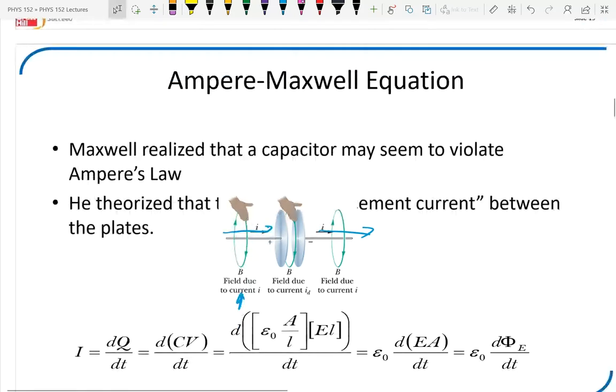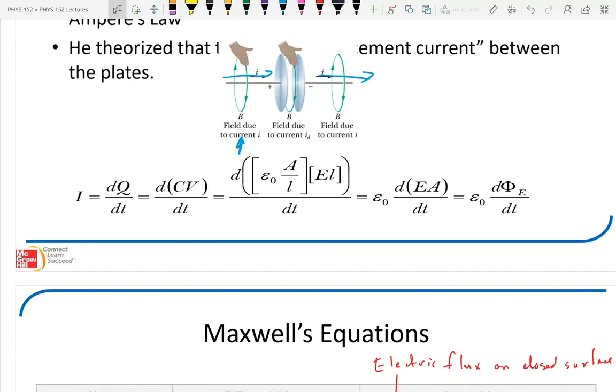And so he went ahead and calculated an equivalent current for a charging capacitor. Now this is a calculus version of the equation. The non-calculus version is current is equal to the change in charge over change in time. For a capacitor, Q is equal to CV. So that's the change in capacitance times voltage over the change in time.